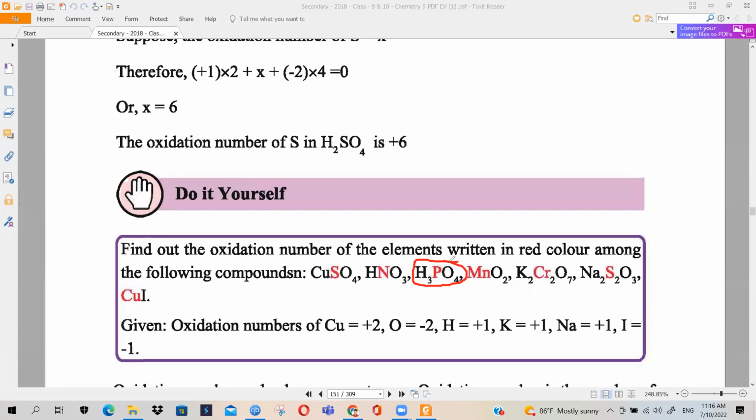H3, plus 3, plus 3, plus 4 times 2, which is 8, -2. Negative 2. How is that?